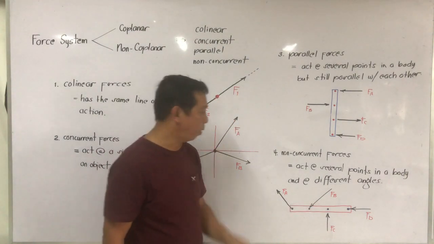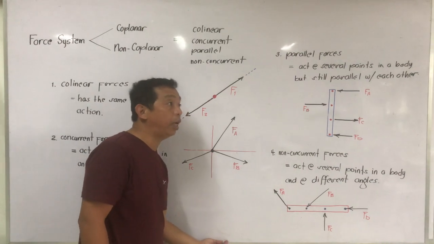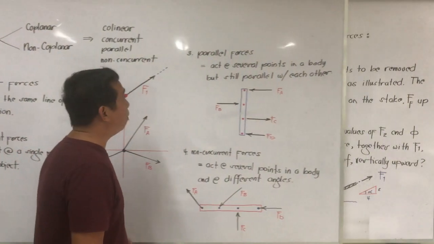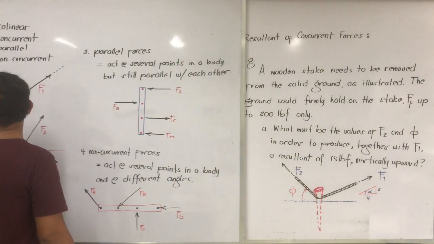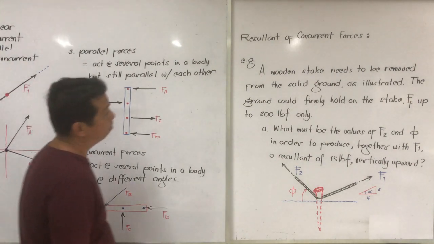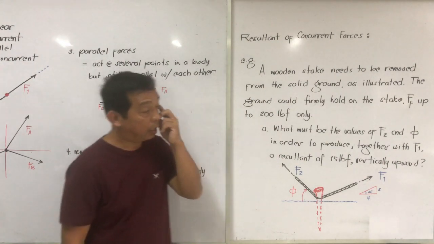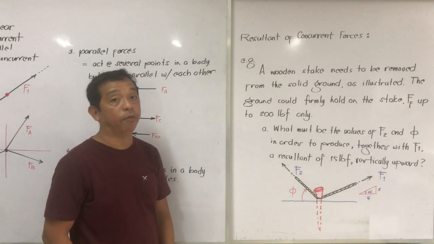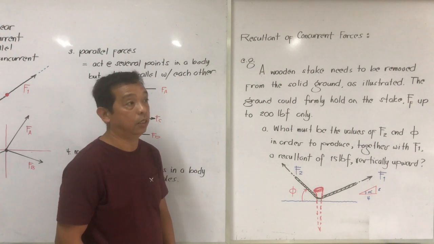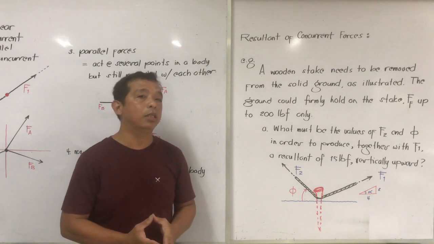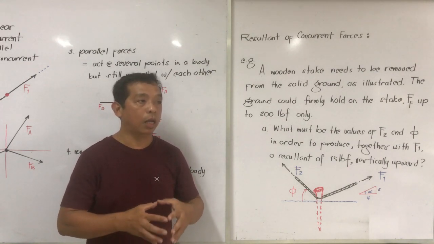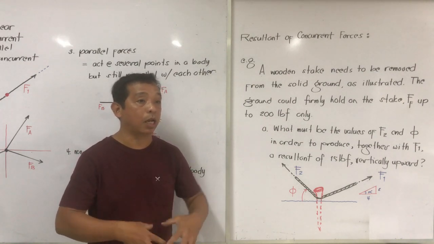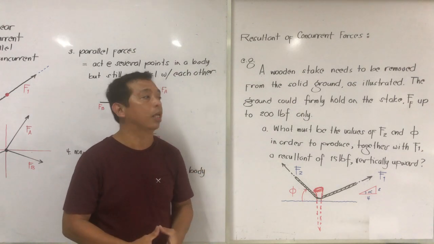Yan yun. Now, para magsimula tayo, let's have a problem ng concurrent forces. Let's have this topic called Resultant of Concurrent Forces. Kukuha tayo ng resultant ng mga forces that are concurrent with each other.